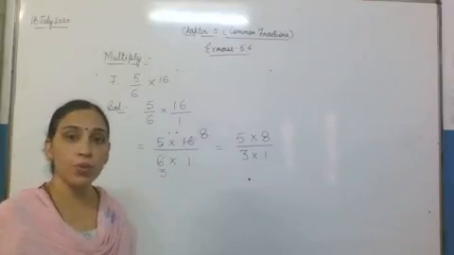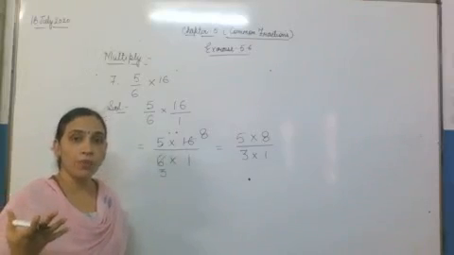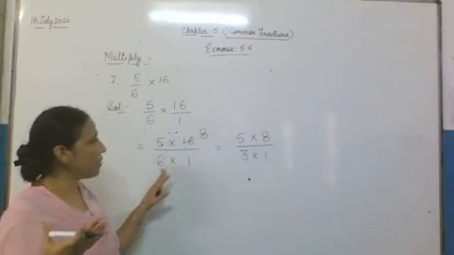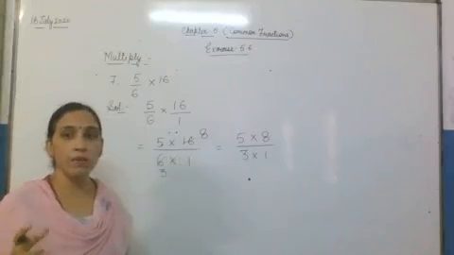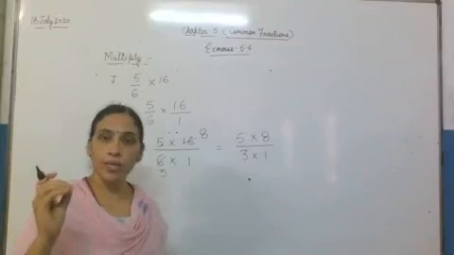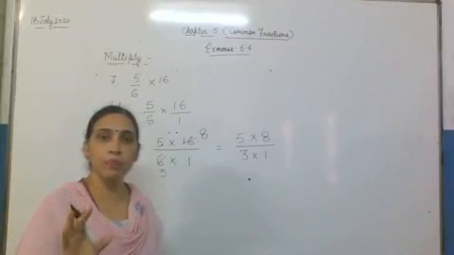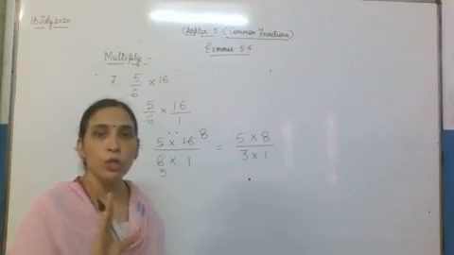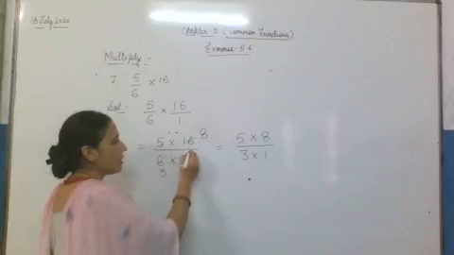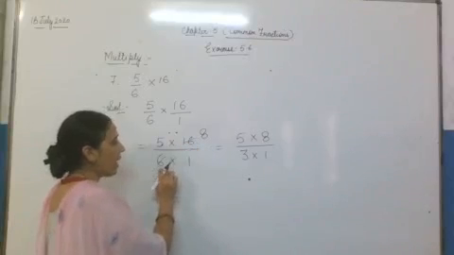Now what do we have to do next? Here only we are going to find out if any numerator or denominator comes in a common table. So we will reduce here only. Like here you can see you have 16 and 6.